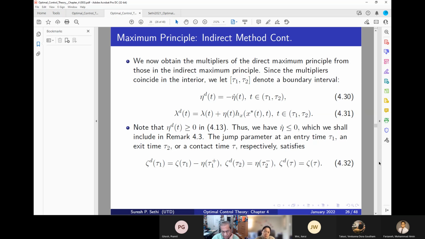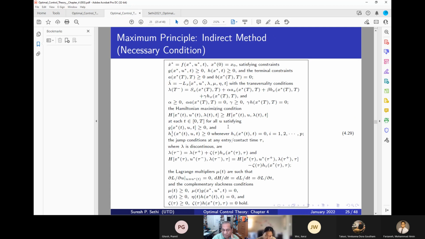Knowing those conditions, because eta is bigger than or equal to 0, the derivative eta dot in the indirect maximum principle has to be less than or equal to 0. But we don't put that condition in this. We don't put any such condition on eta.